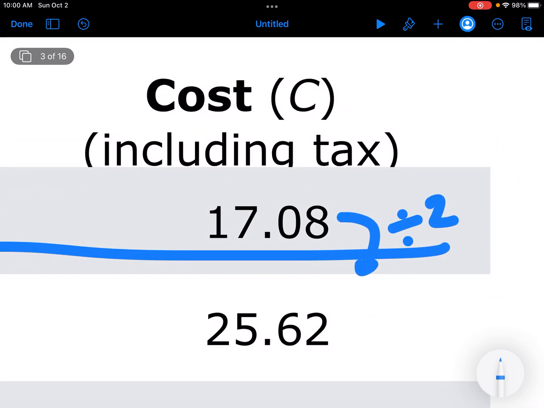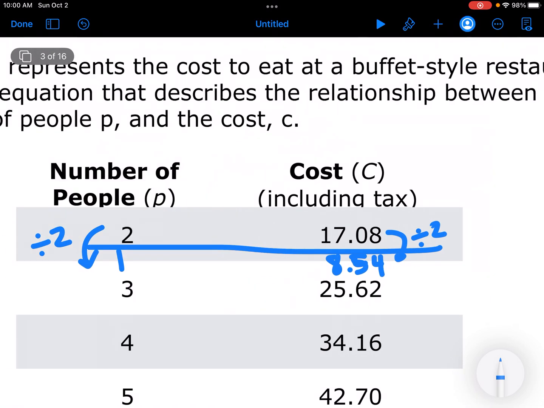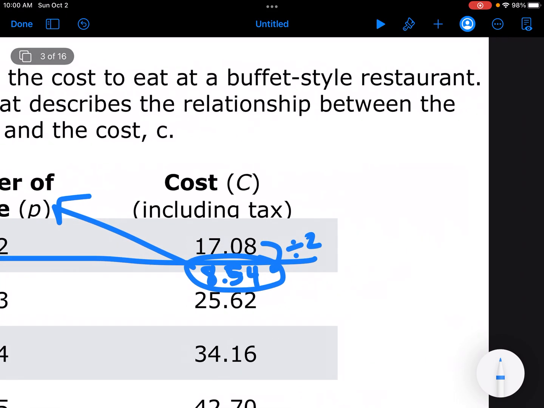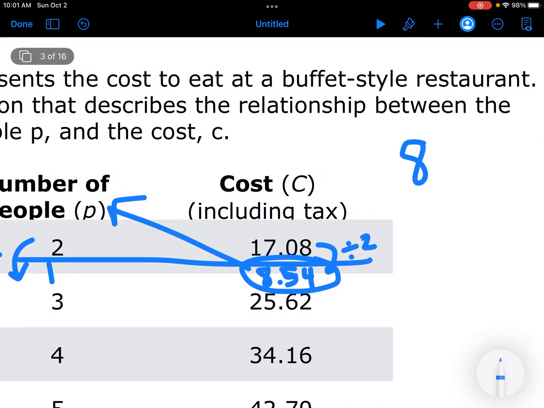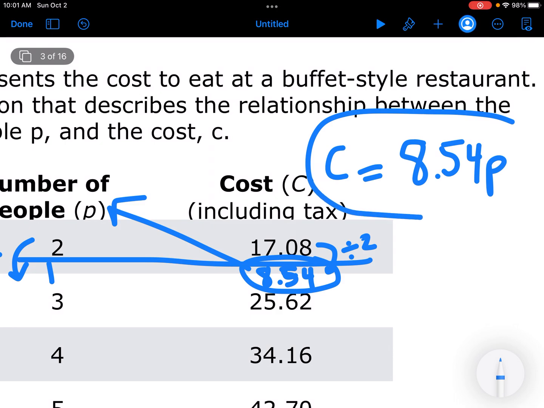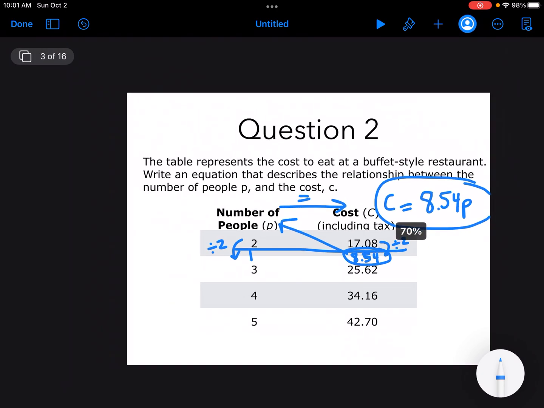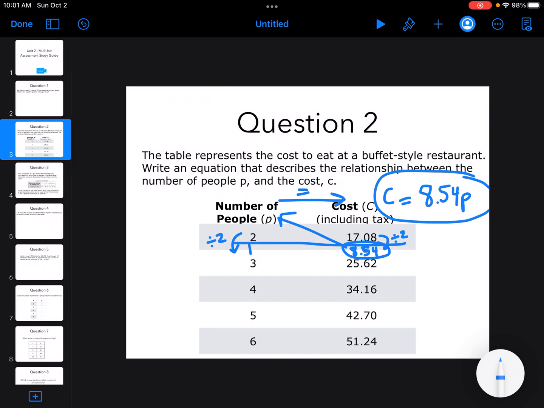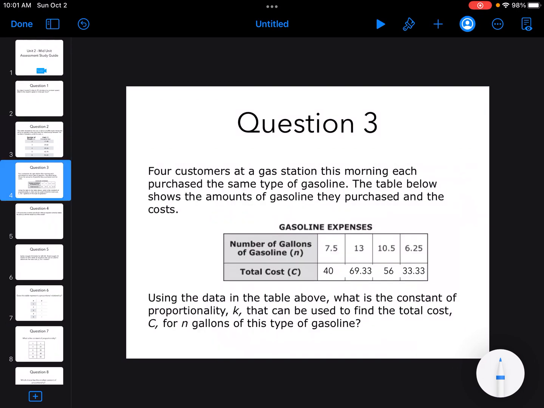So 17.08 divided by 2, I get 8.54. So it's going to cost $8.54 for one person. So my equation is going to be 8.54p equals my cost. Because I always go diagonal from my constant of proportionality.